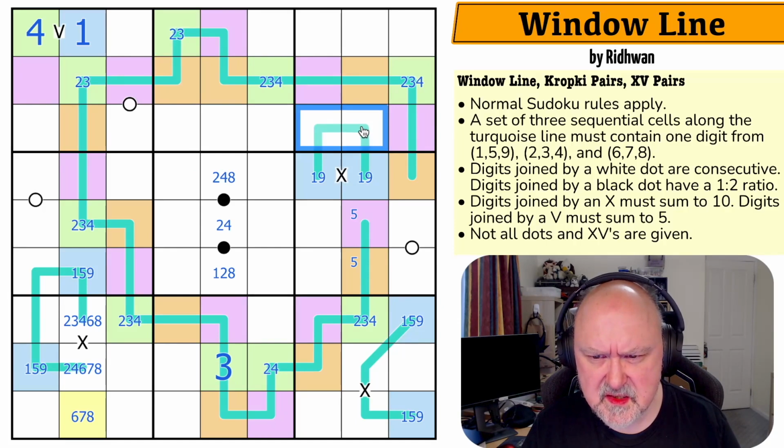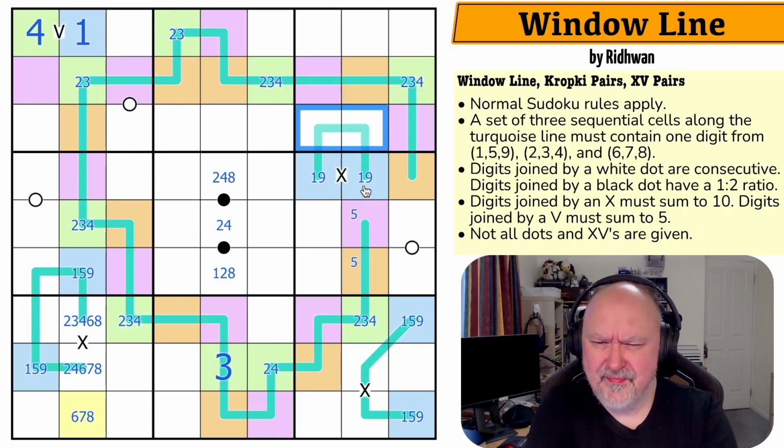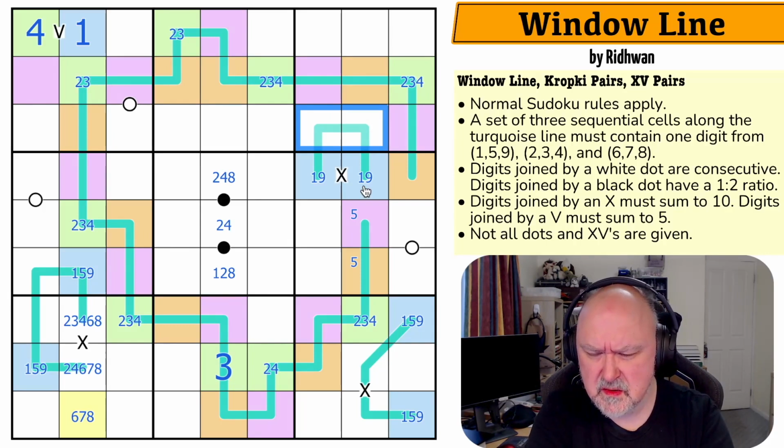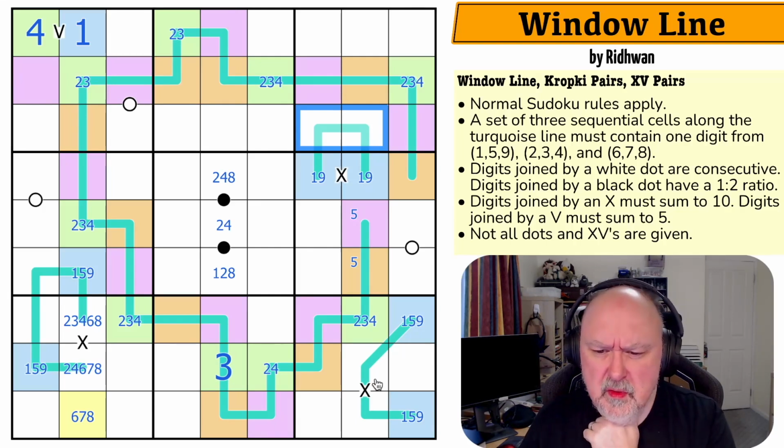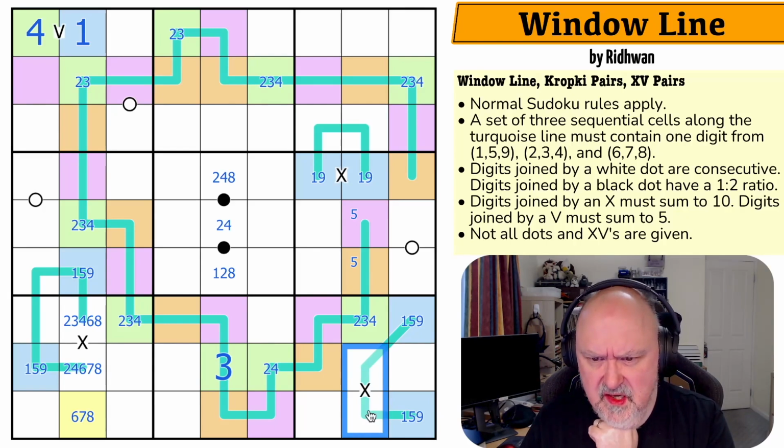This is... There is a green in here. It's probably really obvious. Well, there must be a green in here.